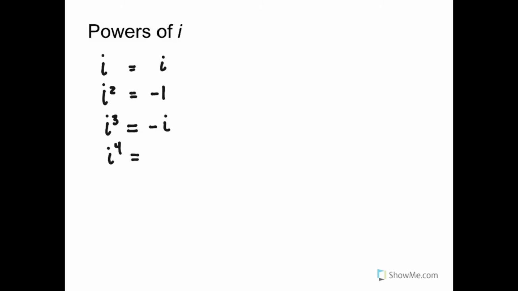So i to the 4th is 1, and now that it's a 1, it's just not going to affect any future multiplications. So that means that i to the 5th, which is the same as i to the 4th times 1 more i, is really a multiple of 1 times i. i to the 5th is the same as i to the 1.